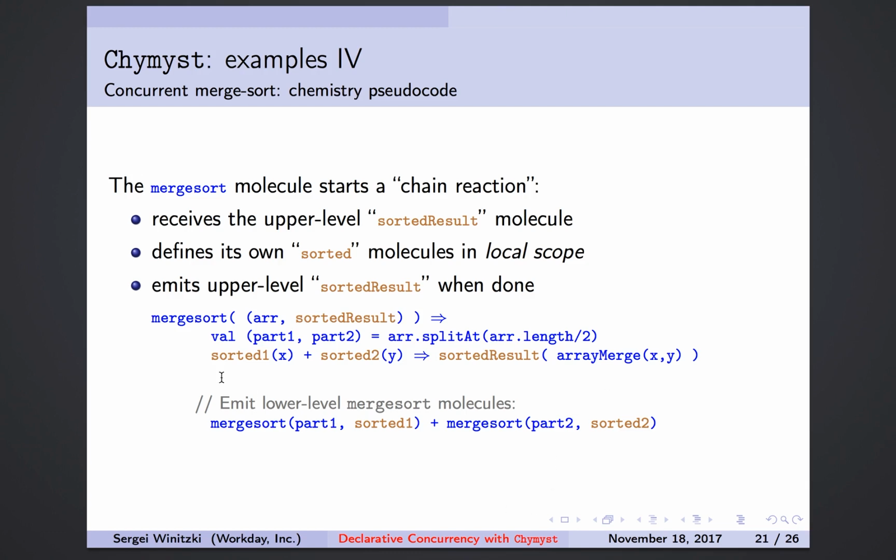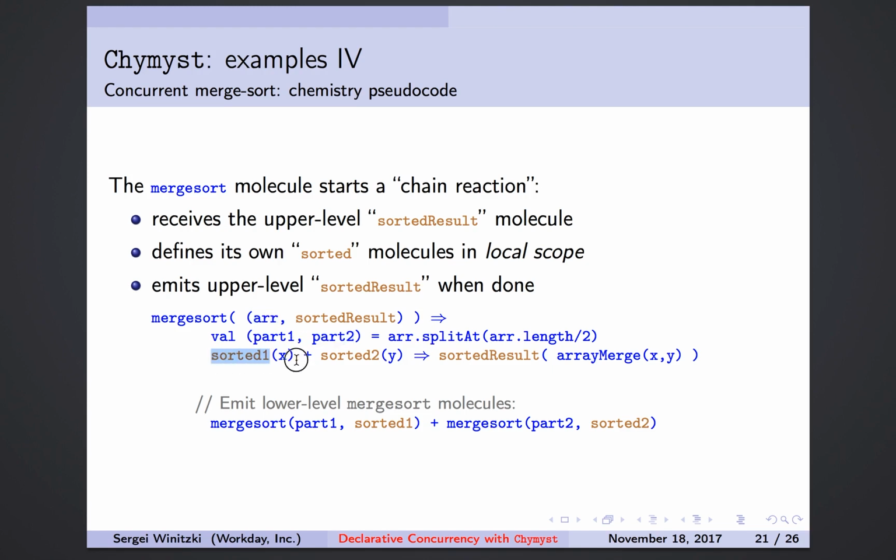Here's how it is implemented as pseudocode at high level. As always in the chemical machine, all the data must be on a molecule. So the initial array that needs to be sorted must be on a molecule. Let's call this molecule merge sort. Now this molecule will react by itself. It does not require any other input molecules except itself. By itself, this molecule will start a reaction, which will split the array into two parts.